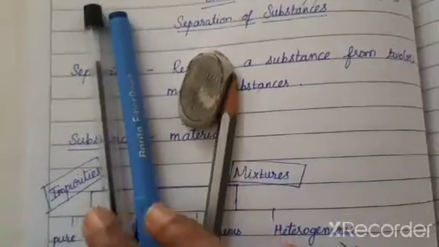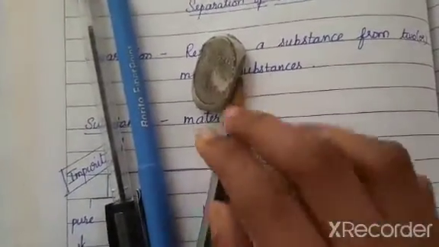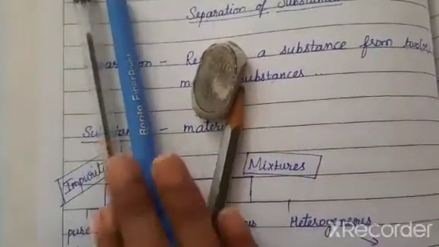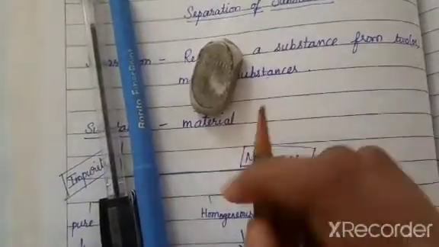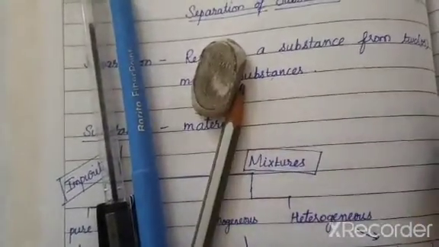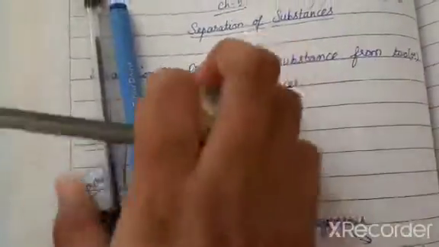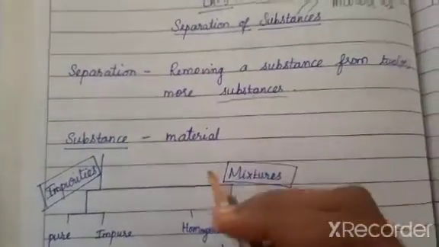Whereas here I have a pen, a stick, a pencil and an eraser. If I wanted to separate any one material alone from this group of materials, it is possible for me to do, isn't it? So for separation to be done, I want a group of substances as the first criteria.